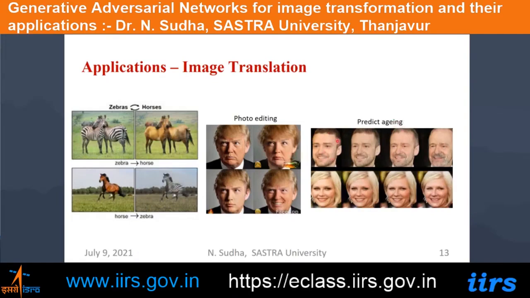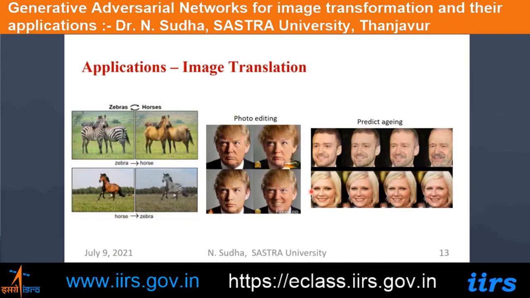If you give an image and you want to see the image of the person in their 30s or 40s or 50s, now he is in his 20s, you can also associate that information, which is more or less like a class label. You can give the age information, in 20s, 30s, so it will generate the image. So you can predict how the person will look at a particular age. So that is the image to image translation.